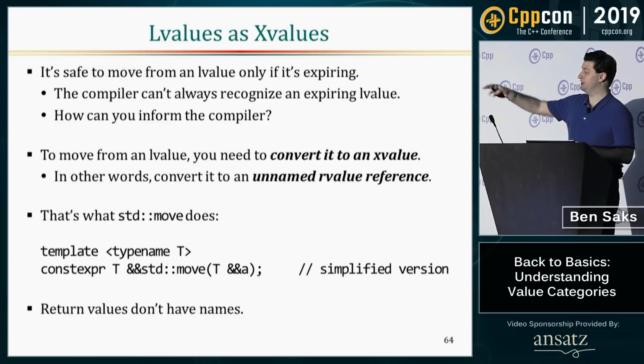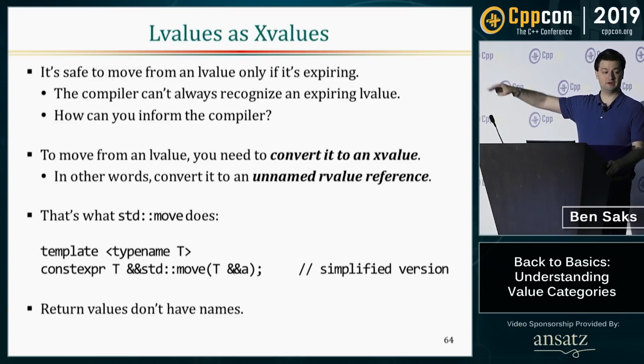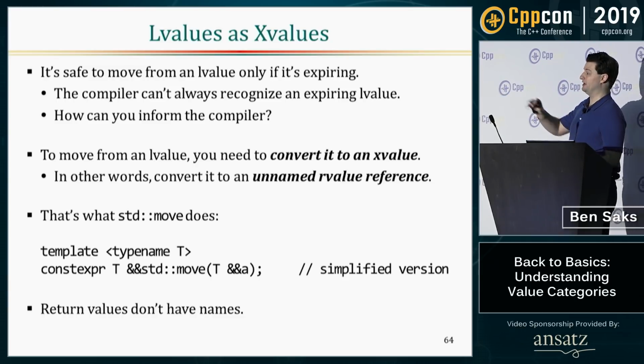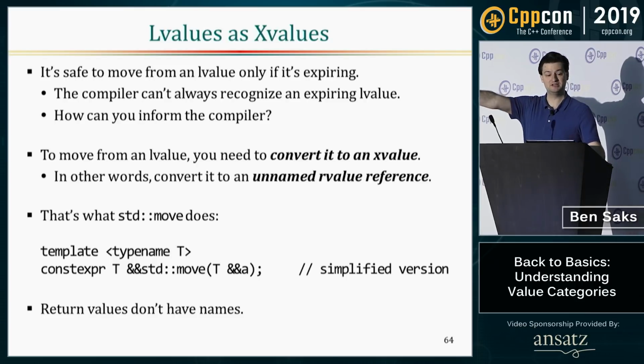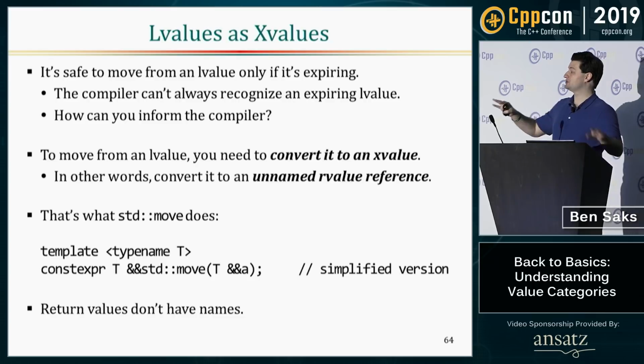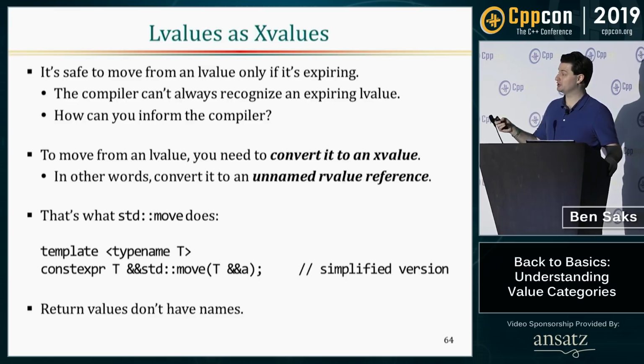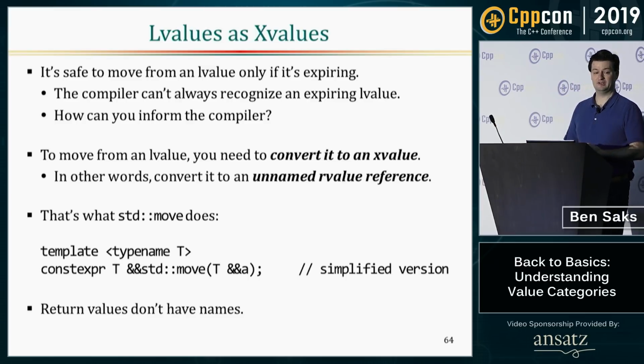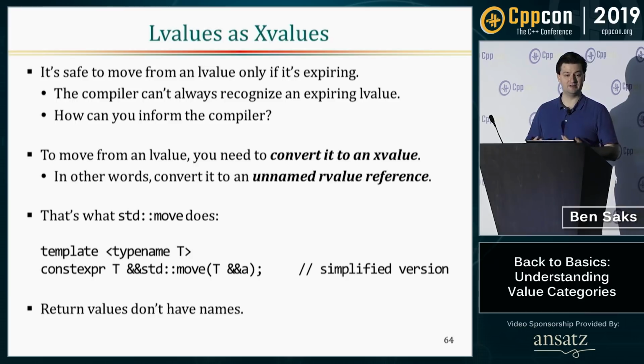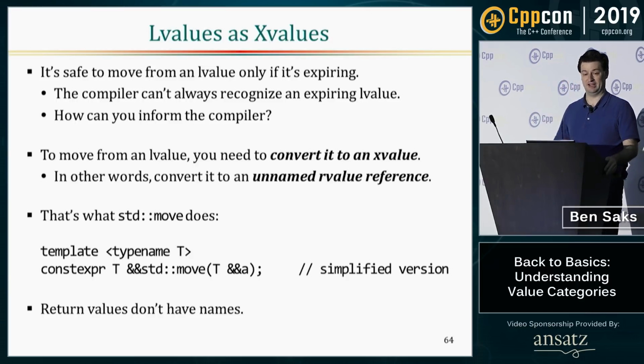Now, what I'm showing you here is a somewhat simplified version of the function move. If you go look at the way that it's defined in the standard, it actually looks more complicated than this. But I want you to focus on the fact that it returns an rvalue reference to a T. Return values don't have names, so the result of a move is an unnamed rvalue reference, an xvalue.